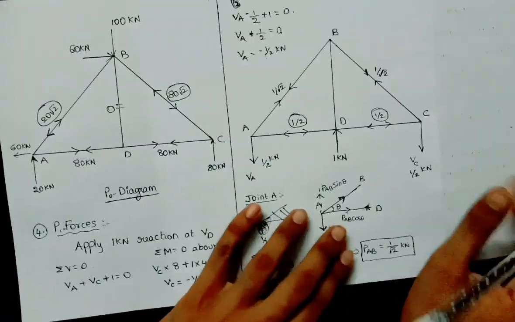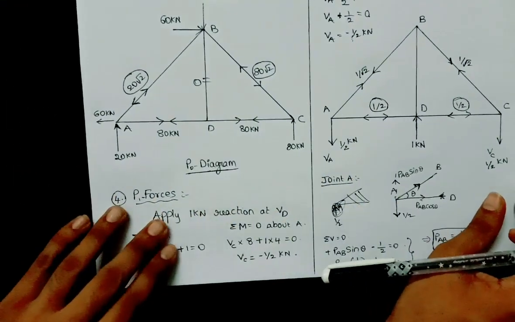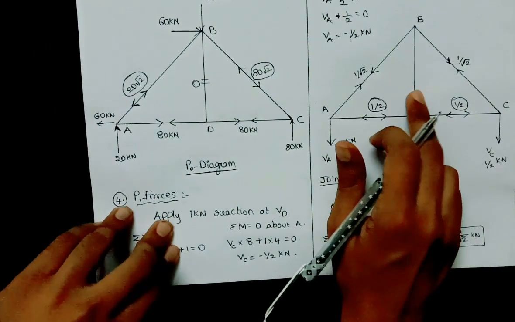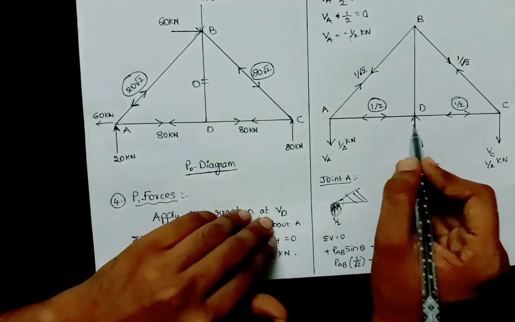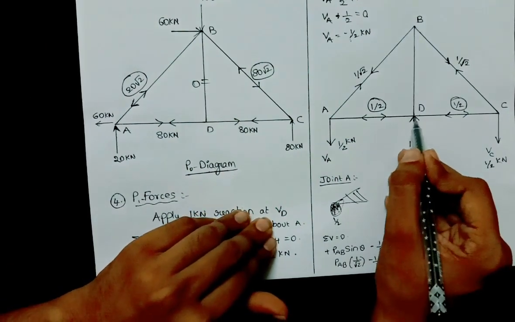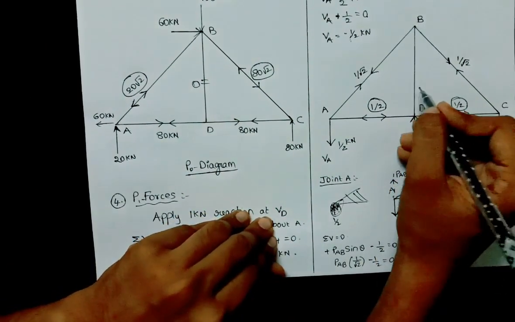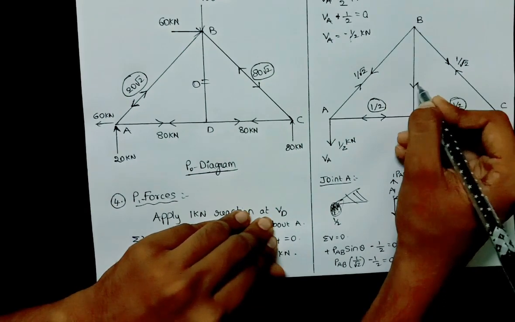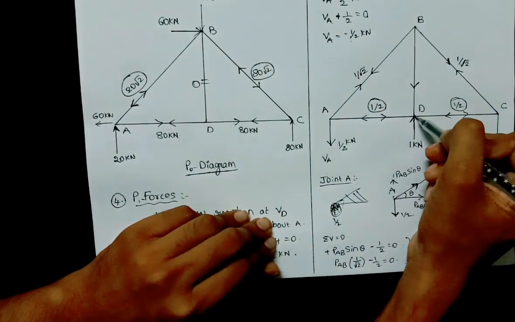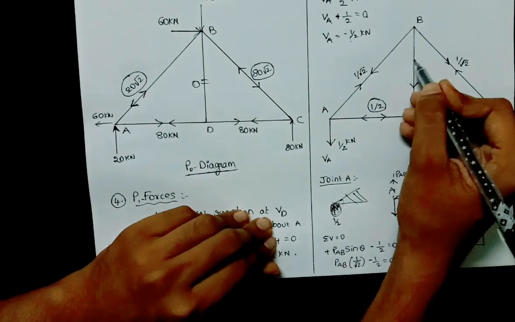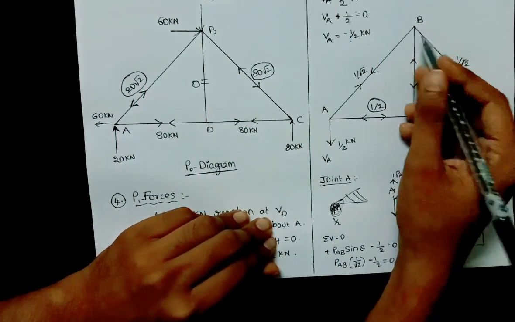So we have done the P naught analysis and P1 analysis, and coming to this member, it is acting in upward direction. Just by seeing we can say, if this 1 kilonewton is acting in upward direction, then another 1 kilonewton will act in downward direction. Now if this arrow is towards the joint, then the other arrow should also be towards the corresponding joint.